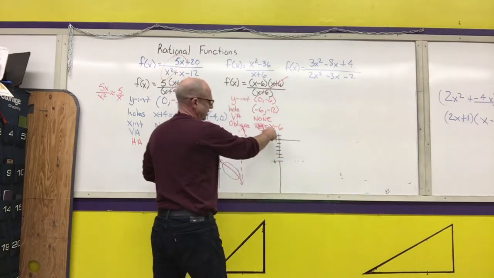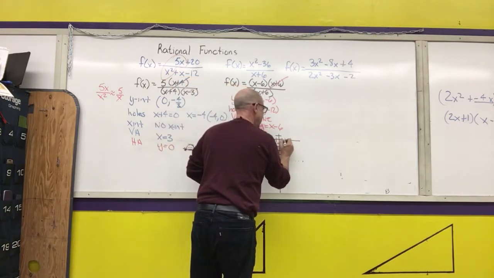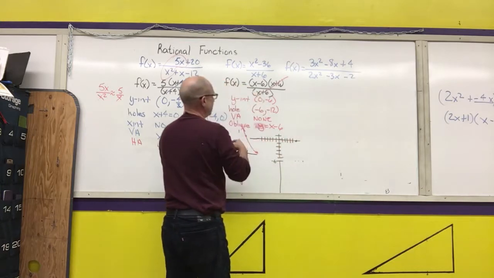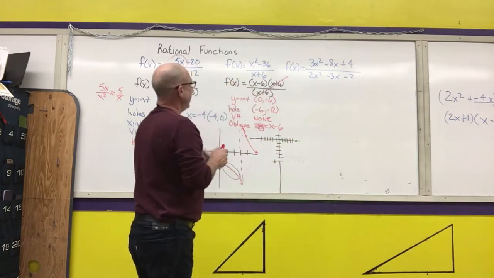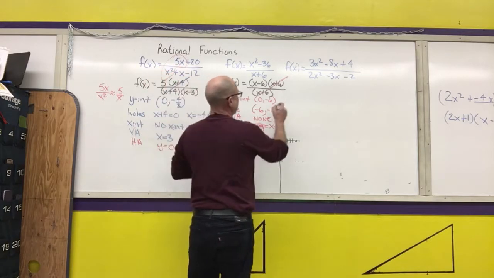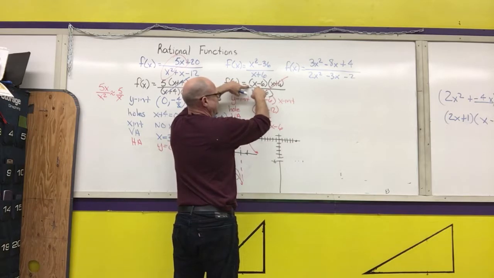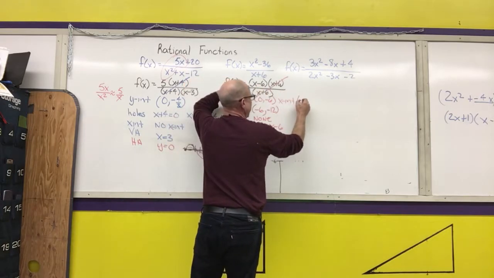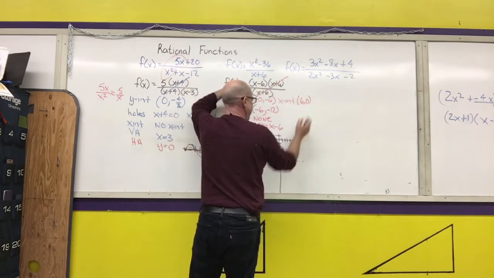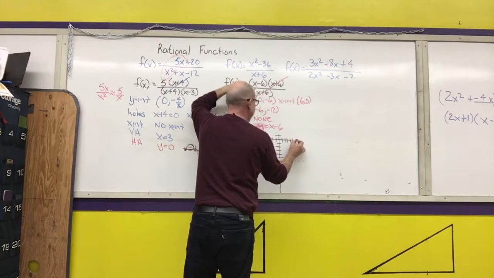So the graph of x minus 6 has an x-intercept. Oh, x-intercepts, I forgot that. X-intercepts are when the numerator is equal to 0. When x minus 6 is equal to 0, my x-intercept is at 6, 0. So I have an x-intercept there.